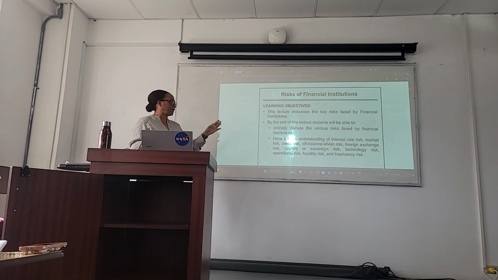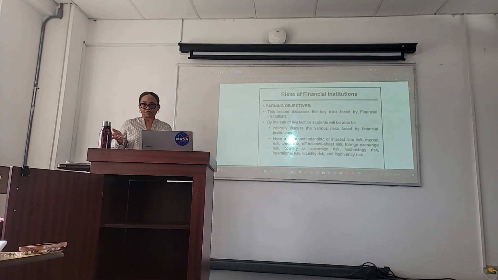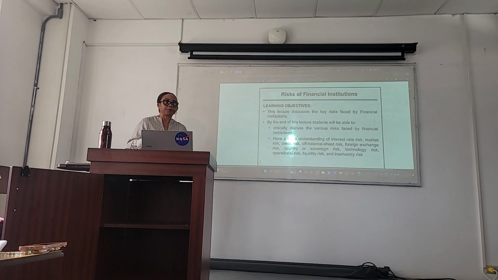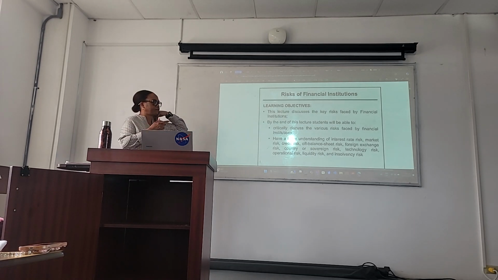Our objectives for today, we should be able to critically discuss the various risks faced by financial institutions. When we say critically discuss, we mean you're not just identifying them, you're not just defining them. How they arise, what are some of the ways to mitigate them? Are they related in any way? Okay? Have a basic understanding of the different types of risk.